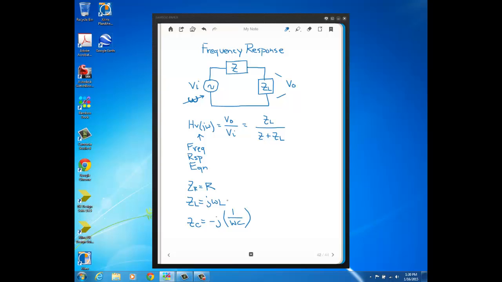But the fact that the impedance of an inductor and capacitor do change with source frequency is what allows us to design circuits called filters, which allow certain frequencies to progress from the input to the output while blocking other frequencies. There are various types of filters: low pass filters, high pass filters, and bandpass filters.